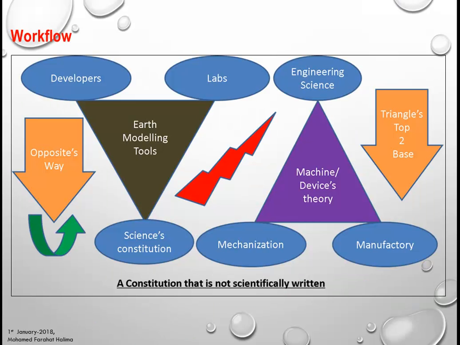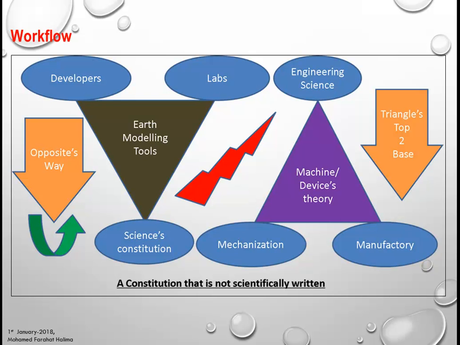Workflow. That funny diagram I drew: on the right hand side, there is a normal triangle. On the top of that triangle you have the science, or the theory, or the engineering science itself, and the arms are the manufacturing and the mechanics.